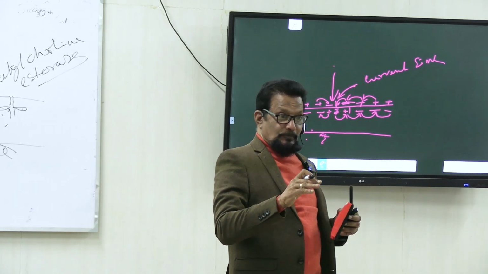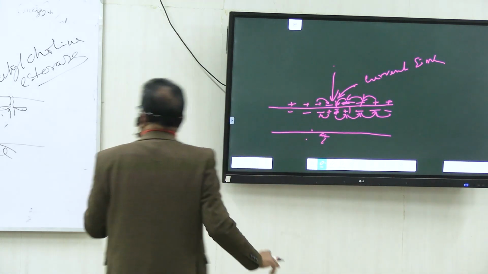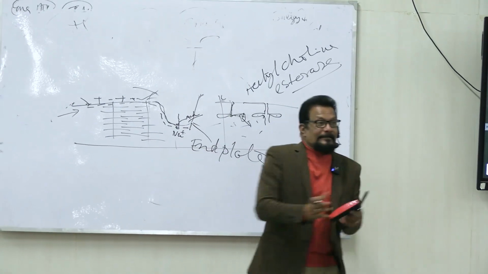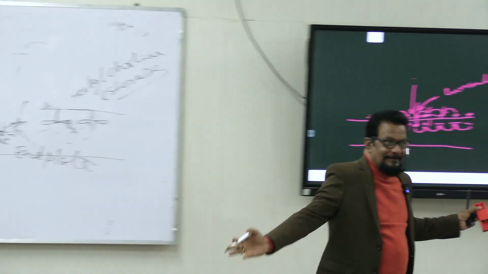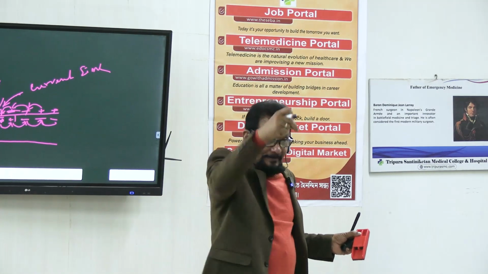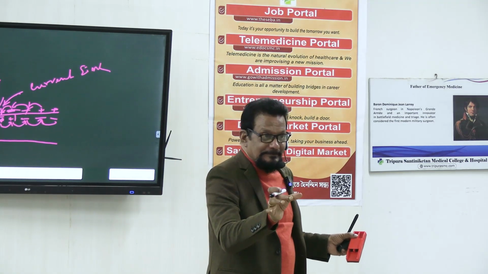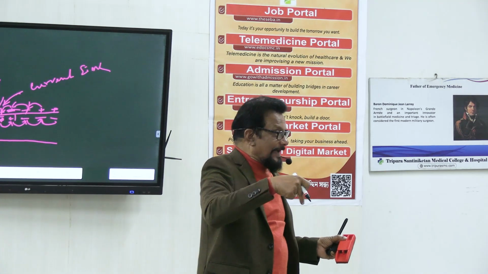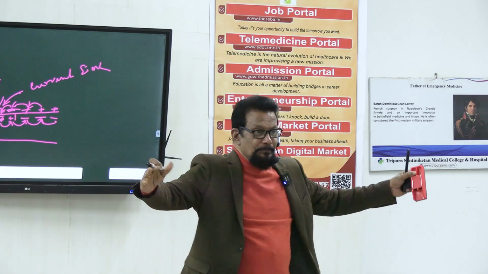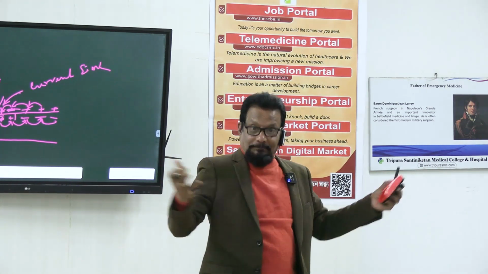When it comes to minus 50, all the voltage-gated sodium channels present here will open. Initially it was an acetylcholine stimulated, ligand-gated sodium channel. Now when the voltage across the membrane came down to threshold level, a lot of voltage-gated channels opened up.